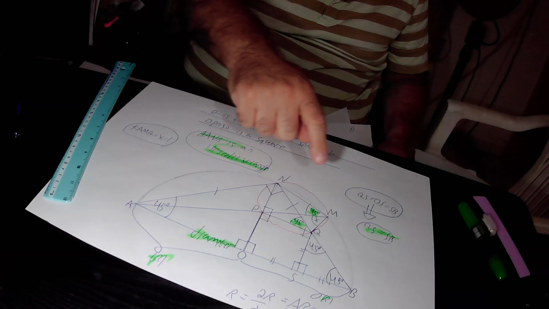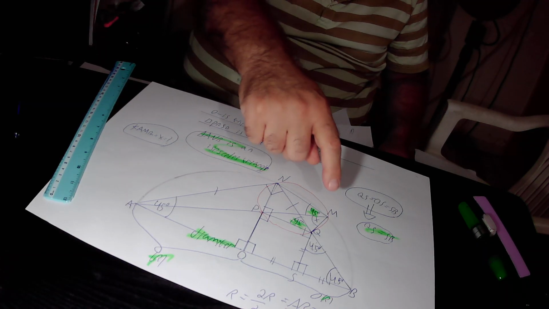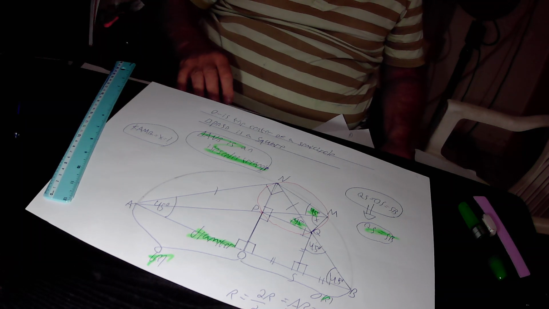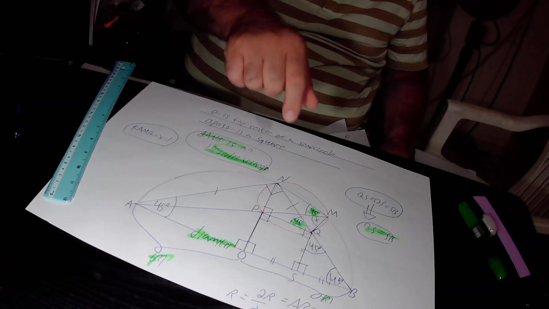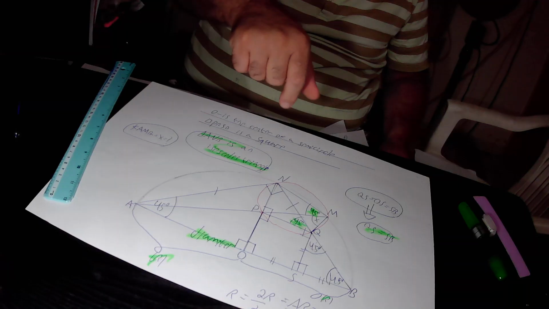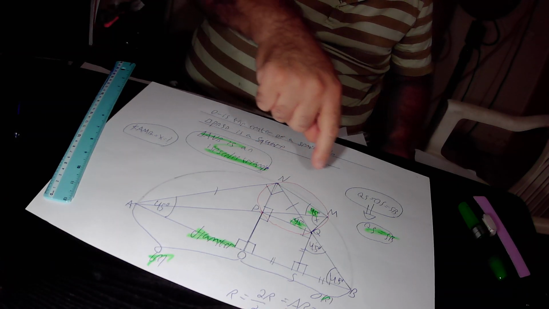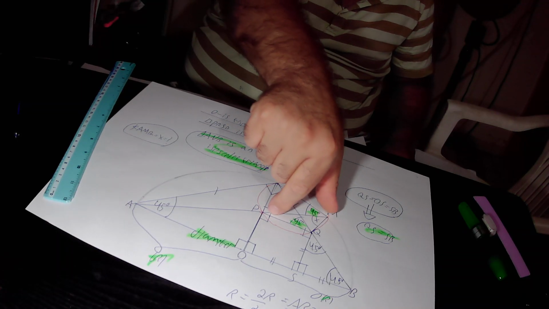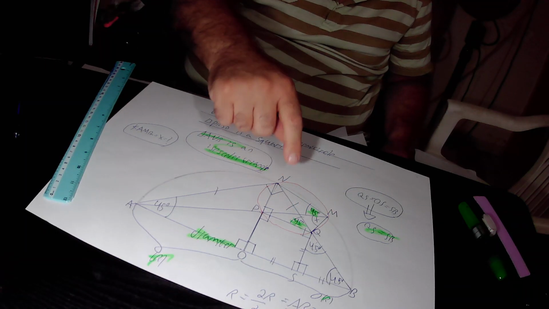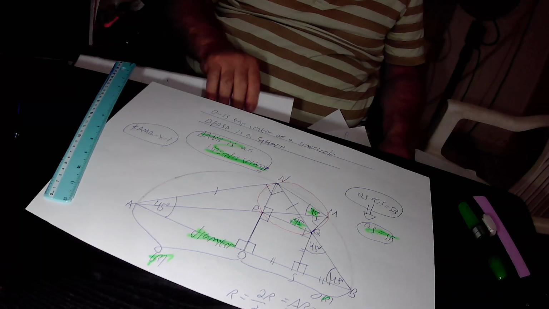These are points N, M, Q, and P. They all lie on the red circle, and therefore quadrilateral NMQP is inscribed by this red circle. We also have the rule that says that the sum of the opposite angles of a cyclic quadrilateral is equal to 180 degrees. So the sum of those two opposite angles in the cyclic quadrilateral NMQP must be equal to 180 degrees. This is angle NPQ, that is a right angle. This is angle NMQ, that is equal to 45 degrees plus x.